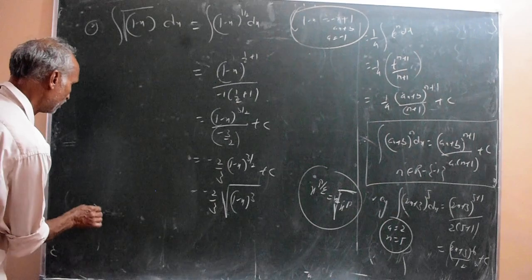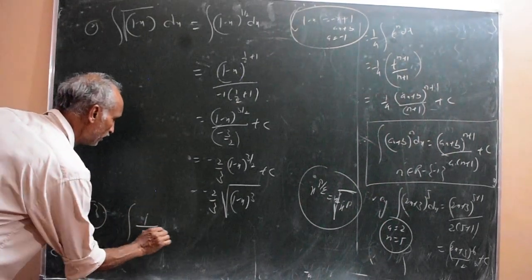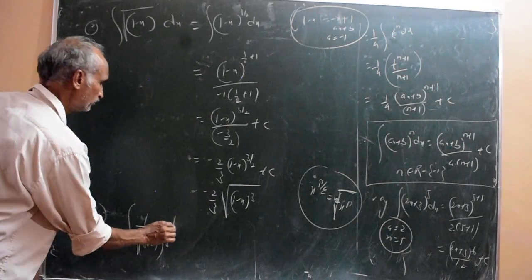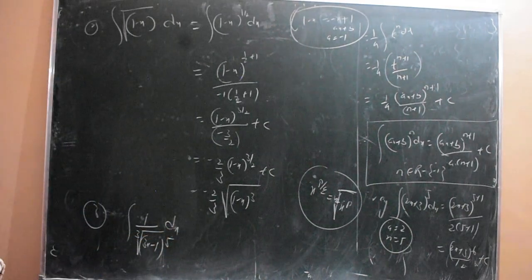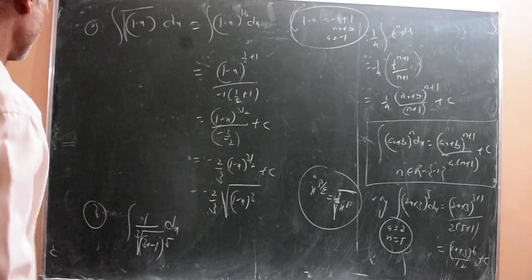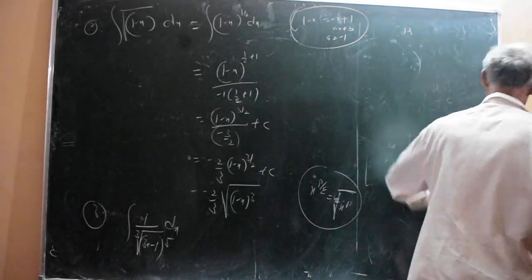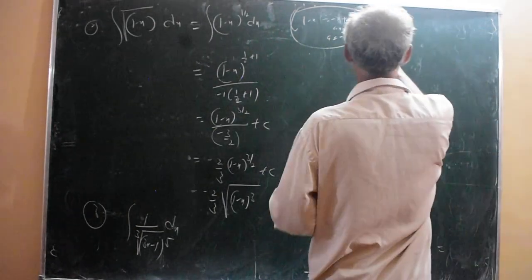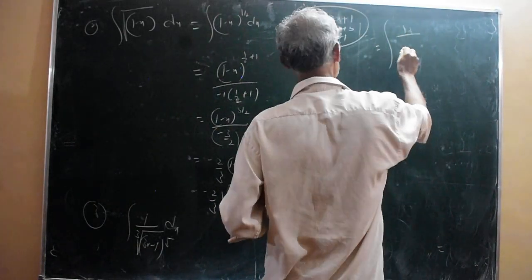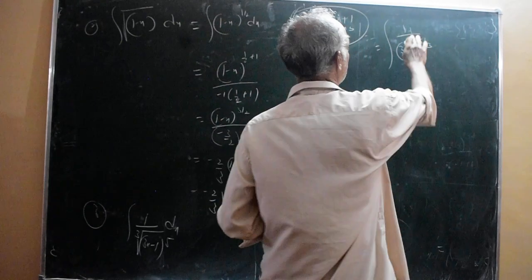Next one, the third one. It is integration of 1 upon the cube root of (3x minus 1) whole raised to 5. Third example. That's equal to 1 upon (3x minus 1) whole raised to 5 by 3, dx.